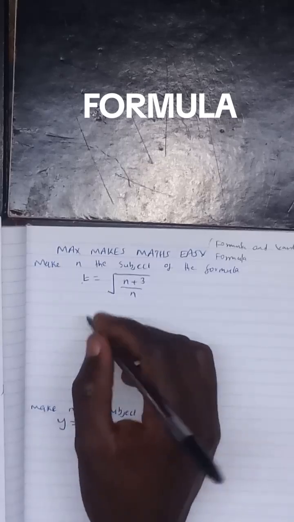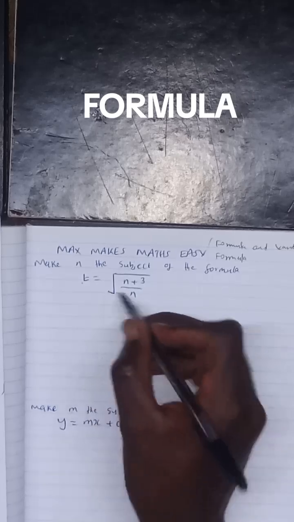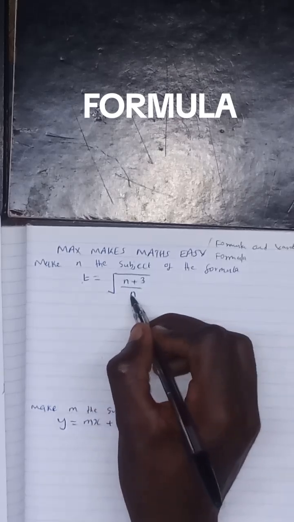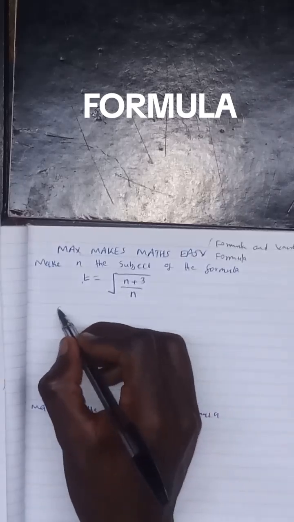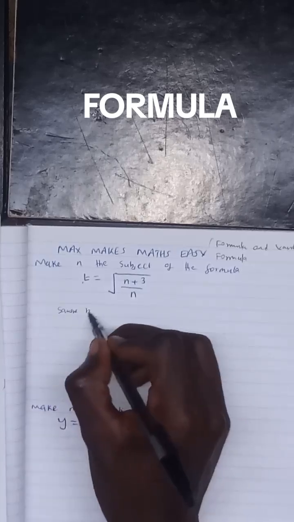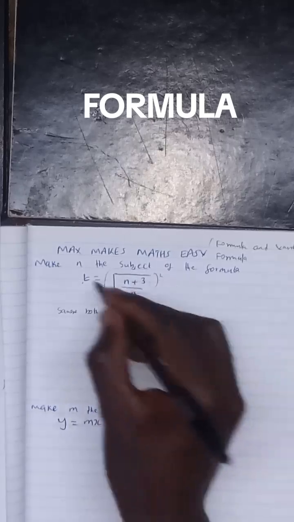So let's dig into our first question that reads t is equals to the square root of n plus 3 over n. The first step here is to square both sides.